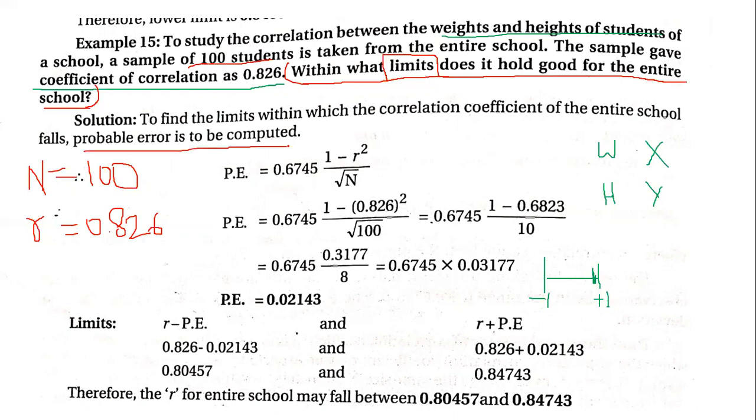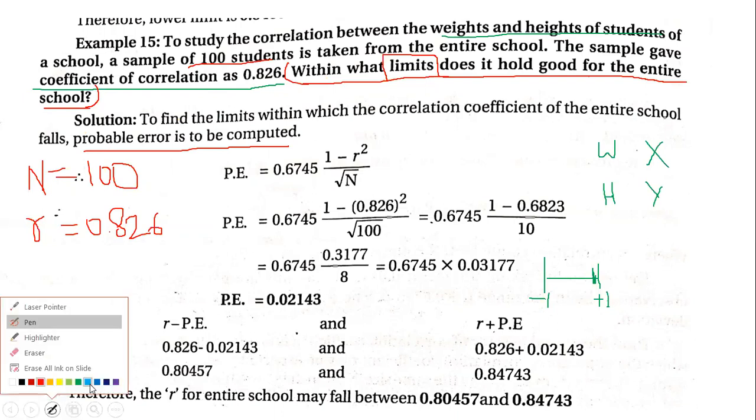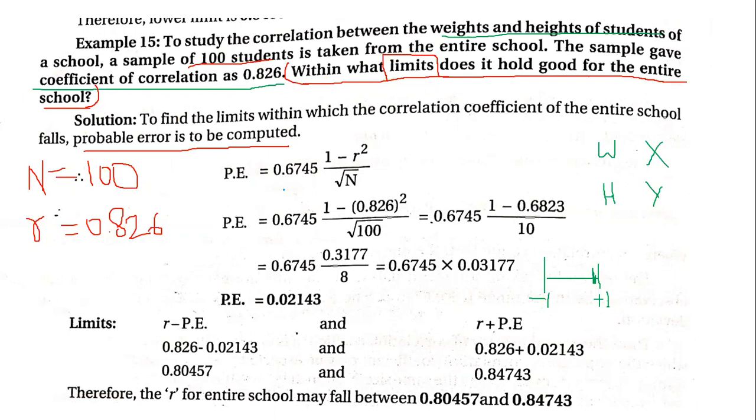The question does not clearly say what you have to find. It only says limits. So if you want to find limits, you have to first find out the probable error. Now the probable error formula is 0.6745 into (1 minus r square) divided by square root of n.